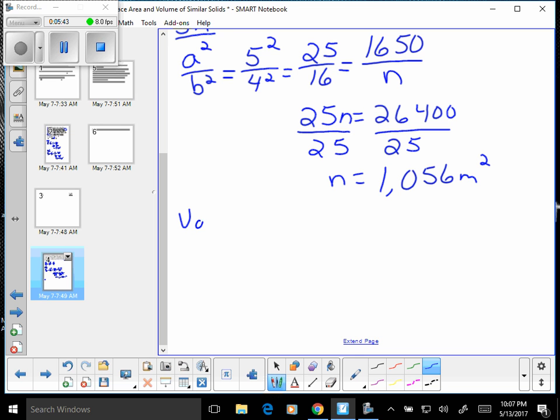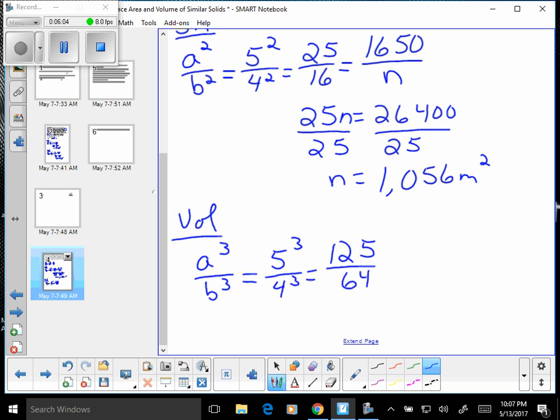For the volume, remember what we're supposed to do? Volume is cubic units, so I'm going to take A cubed over B cubed. That's going to be 5 cubed over 4 cubed. Now my number is going to be quite a bit bigger here. 125 over 64. My volume that I do know is the 4,050 over n.